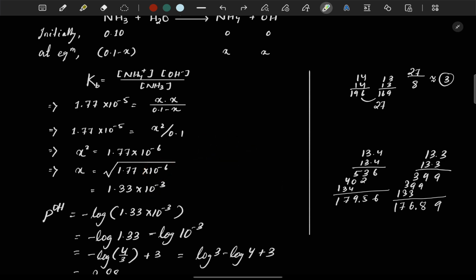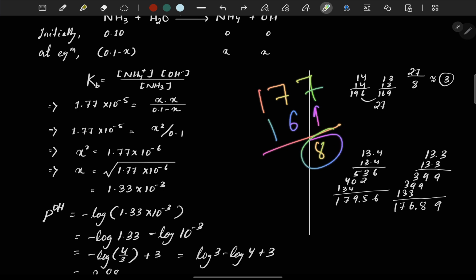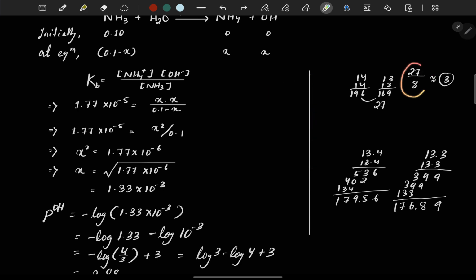There is an easier method. We all know the square of 14 is 196, and the square of 13 is 169. If we find the difference, it will be 27. Again we have 177, and if we subtract 169 from 177, it will become 8. So 27 divided by 8 is nearly equal to 3. So our value must be 13.3 or 13.4.